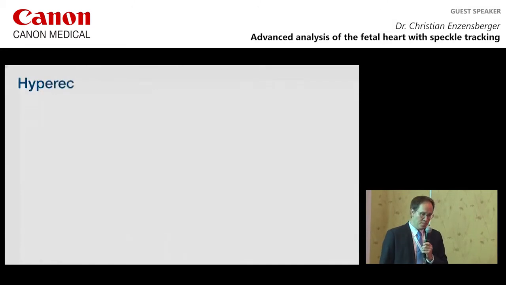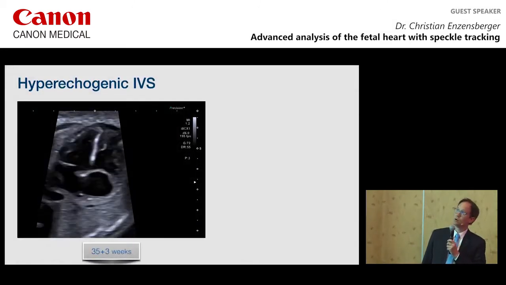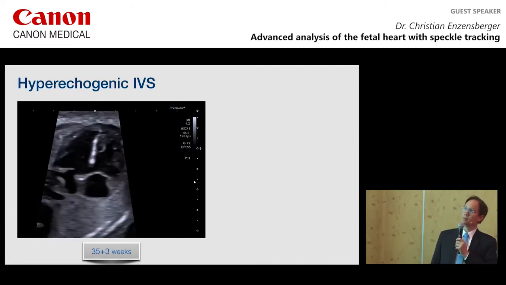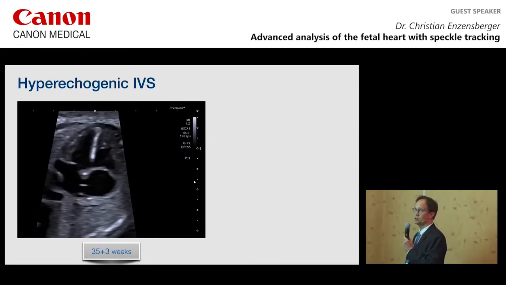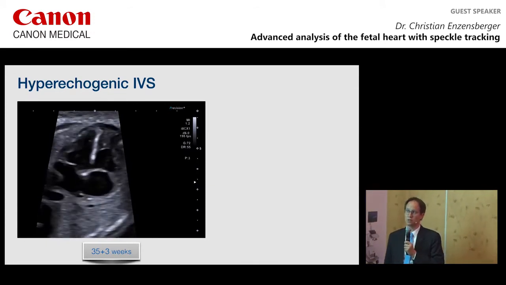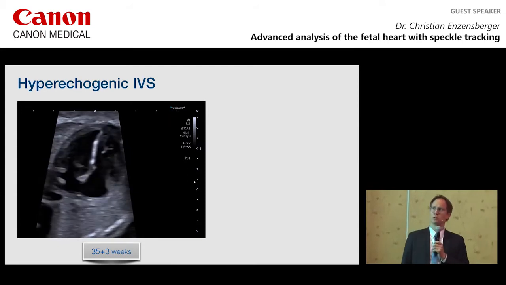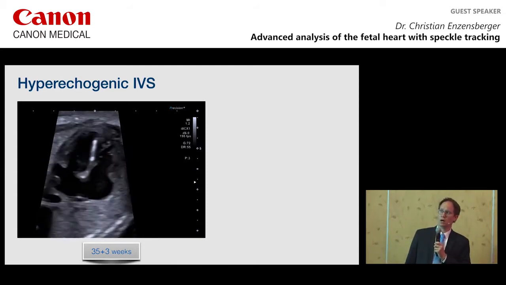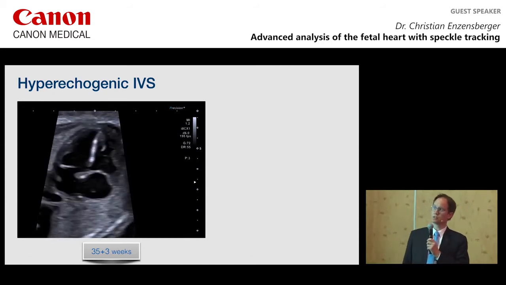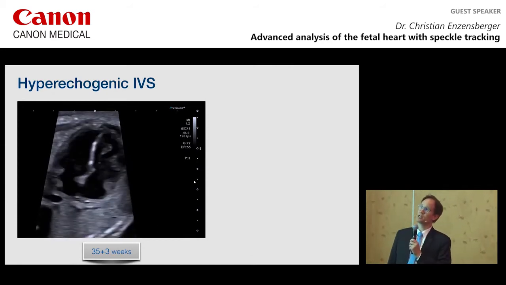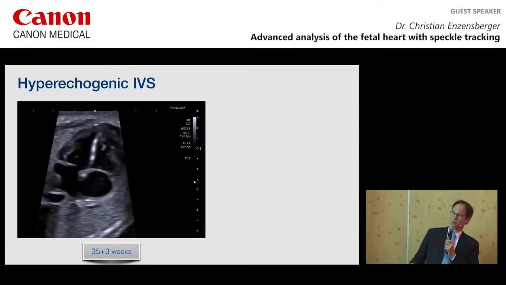A next example I would like to give is this case. It's an interesting one. A patient was referred to our department at the end of 20 weeks of gestation, and the local gynecologist said, "It's a bit strange, because in the four-chamber view you see this, yeah.